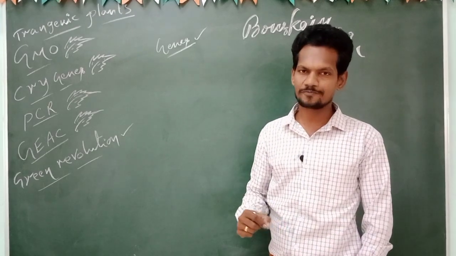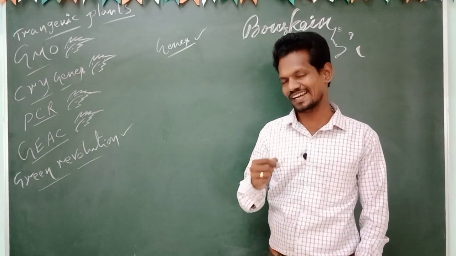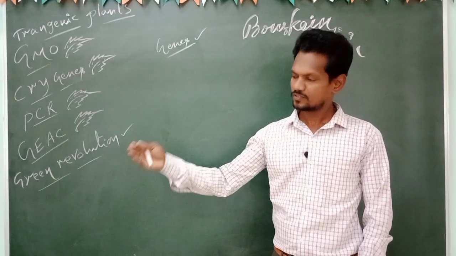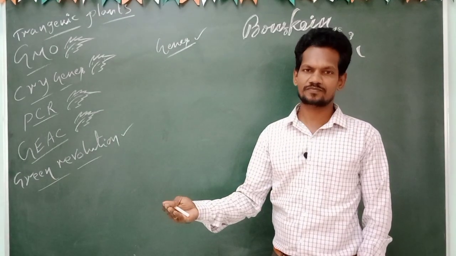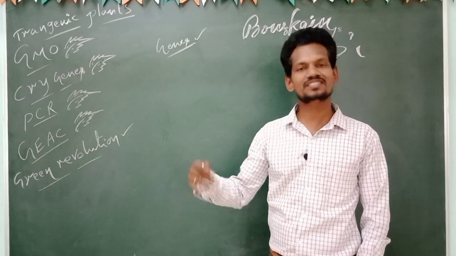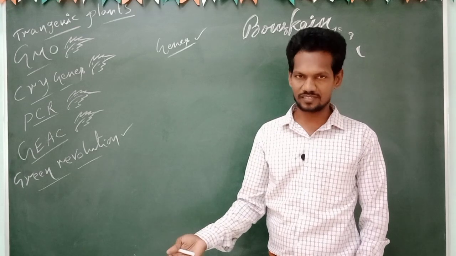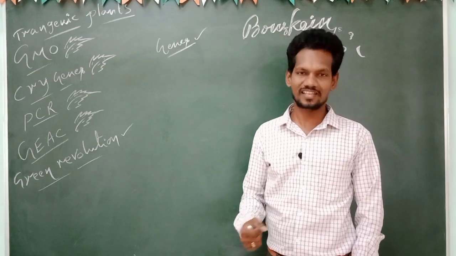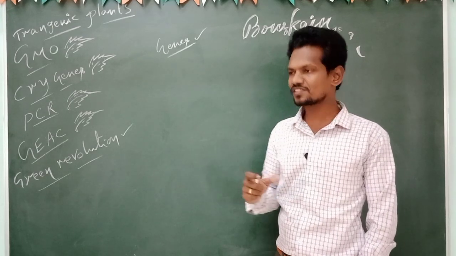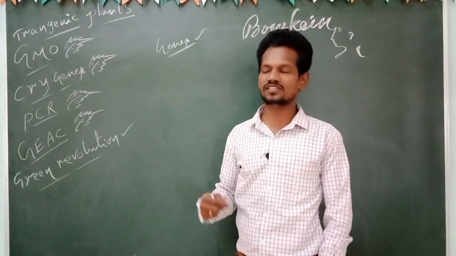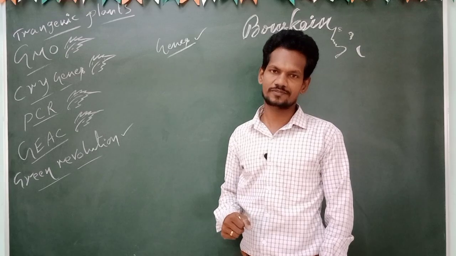That is known as GMO or transgenic plants. But in normal hybrids, only one or two genes are transferred, either monohybrid or dihybrid, for example Mendel's experiments. This is the main difference between transgenic plants and normal hybrids.